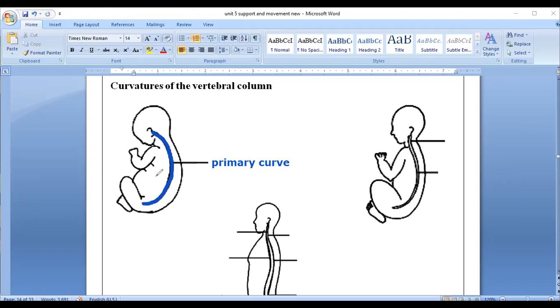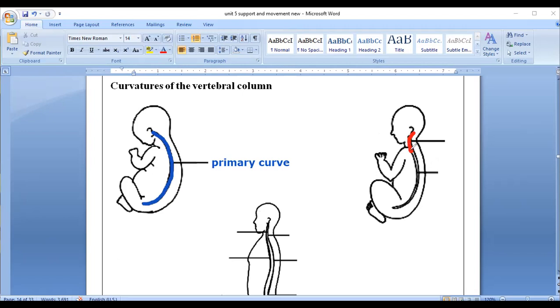Clear, sir. Right. Now, what is marked on the right side? Second picture. First secondary curve. That means this place is curving to this side, curving to the other side. Understood? Yes, sir.